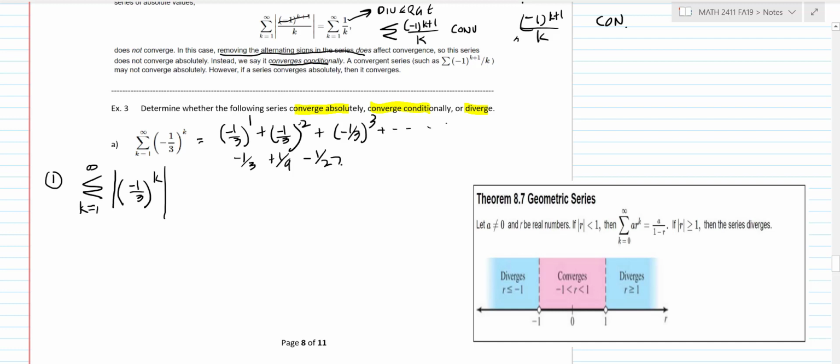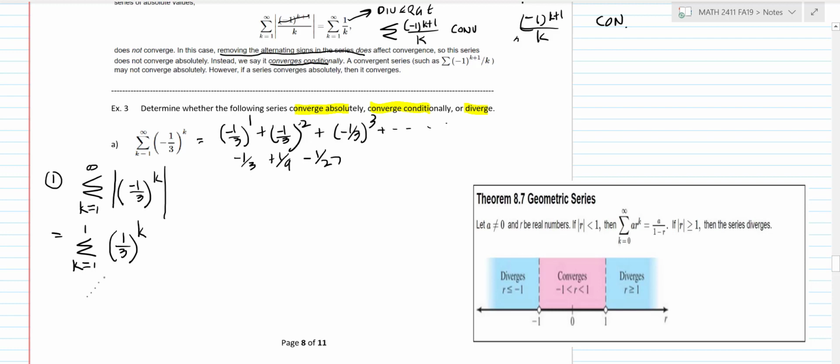So it's going to alternate. If we take the absolute value of this entire thing, then we're just going to get all positive terms. If you work this out, you can rewrite it as just (1/3)^k, and we need to see if that converges or not.